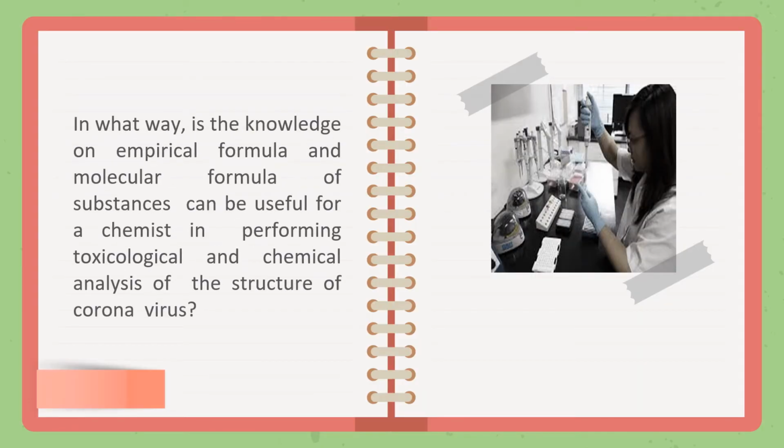In what ways can the knowledge on empirical formula and molecular formula of substances be useful for a chemist in performing toxicological and chemical analysis of the structure of coronavirus?